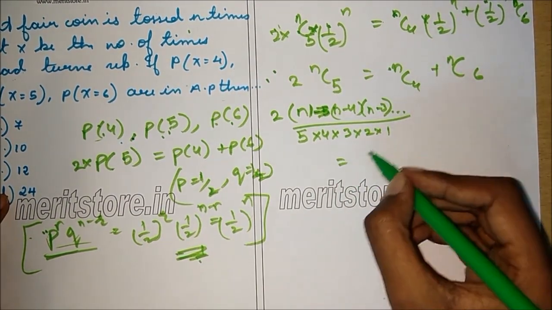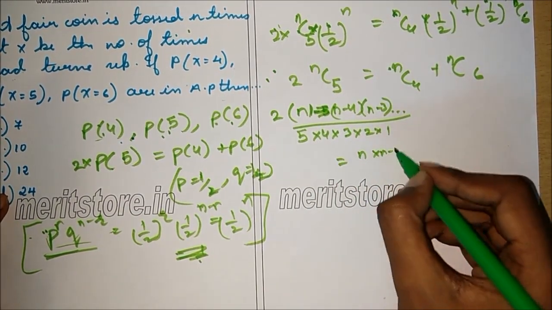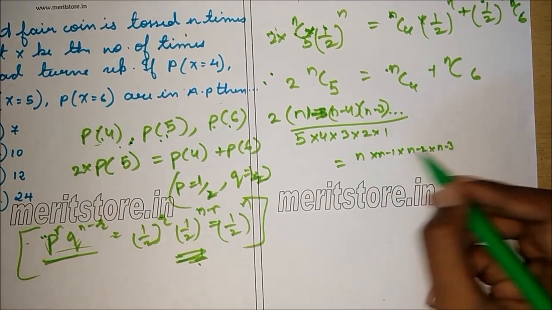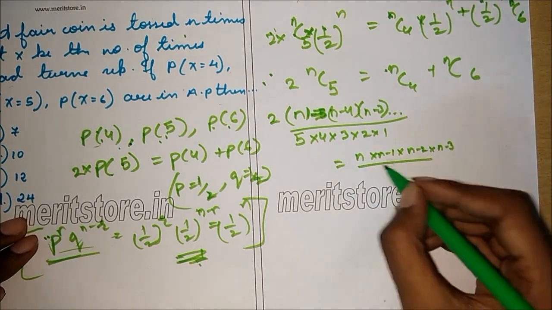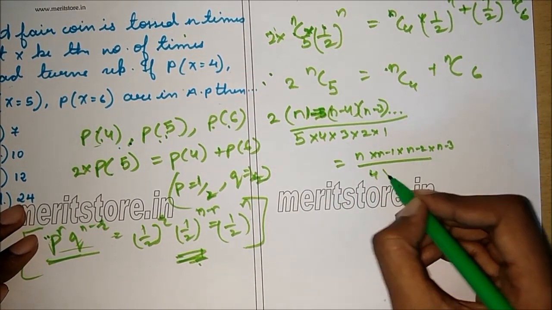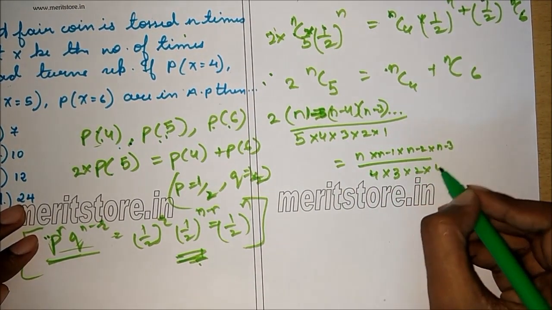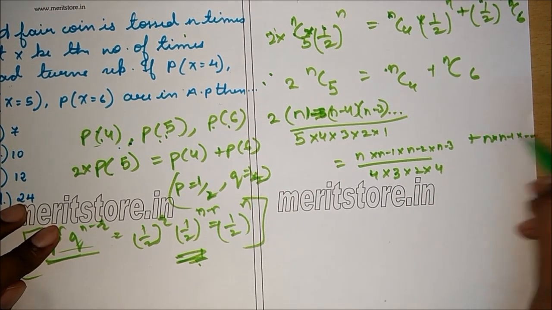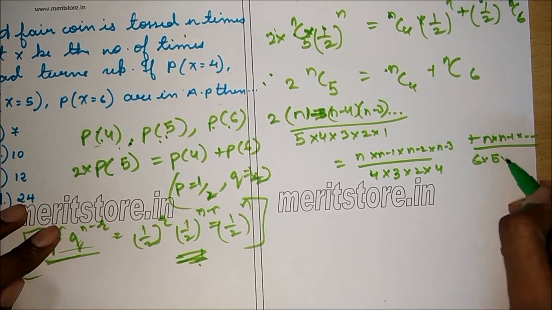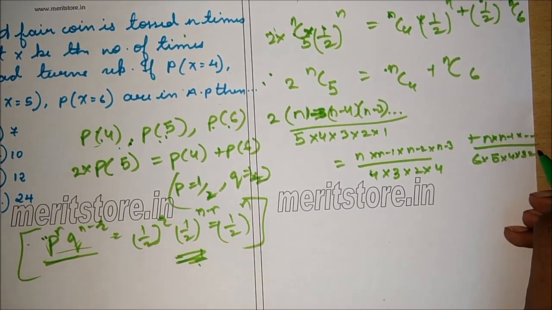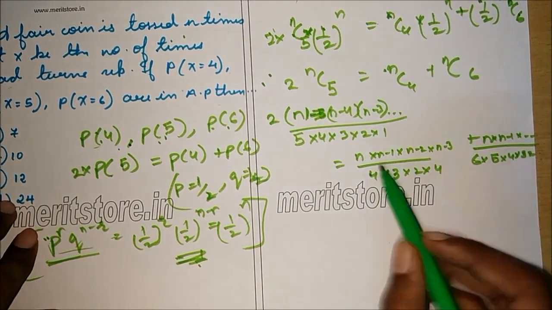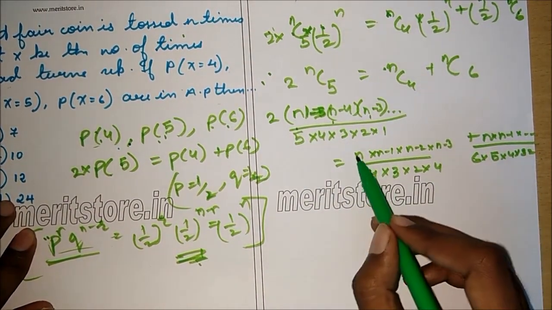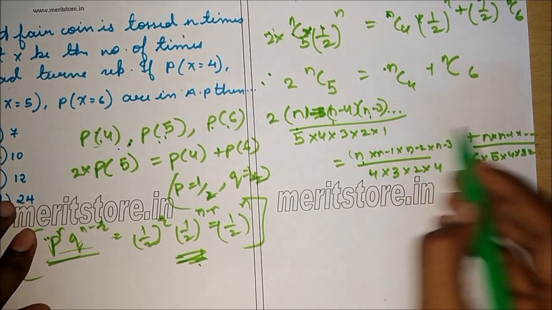This will be equal to nC4, that is n into n minus 1 into n minus 2 into n minus 3, so this is 4 terms, divided by 4 into 3 into 2 into 1, plus nC6, so n into n minus 1 up to 6 terms divided by 6 into 5 into 4 into 3 into 2 into 1.